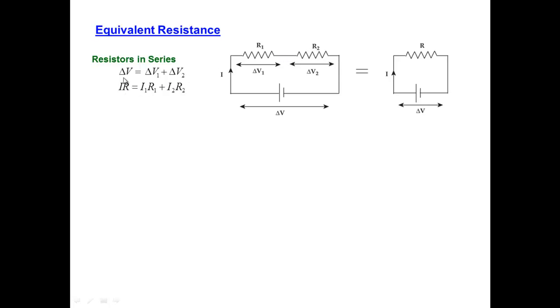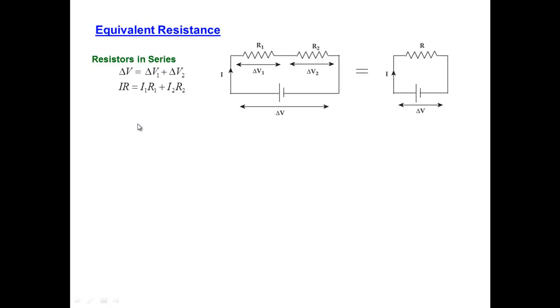And so the way that the current flows through these resistors has to be in such a way that the current stays the same. And that means that it's also the same as the current in our equivalent circuit. The purpose of the equivalent circuit is to take into account the behavior of both R1 and R2 in one term. So if we know the first equation about the relationship between the potential differences, we just substitute in Ohm's law: delta V is IR in the equivalent circuit, delta V1 is I1 R1, delta V2 is I2 R2 in the original circuit.